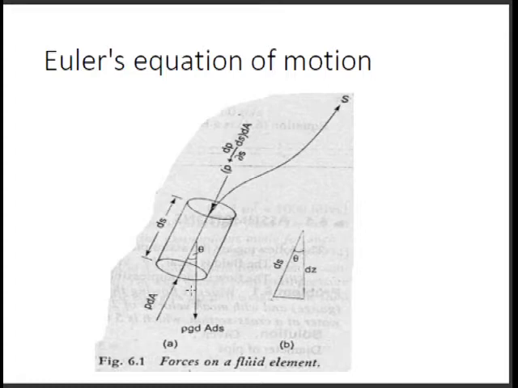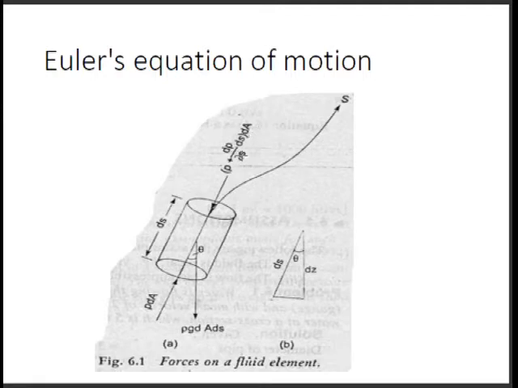Here the pressure force in the direction of the flow is P into dA. And the pressure force opposite to the direction of flow is P plus ∂P/∂S into ds, into dA.